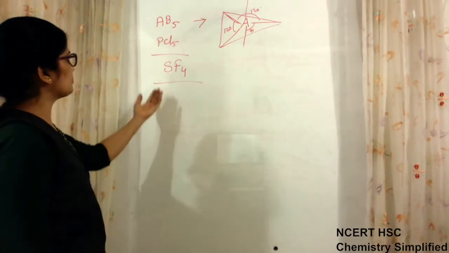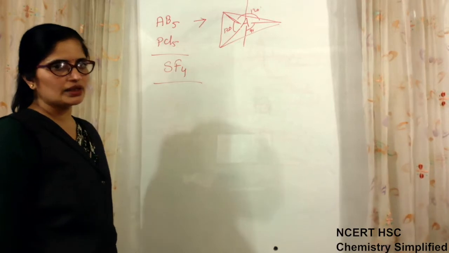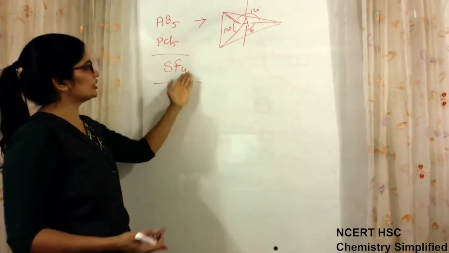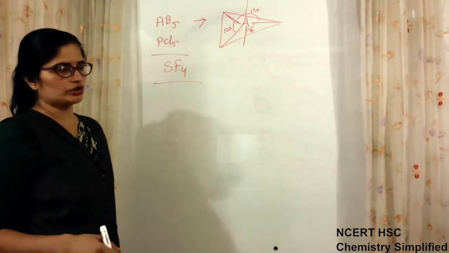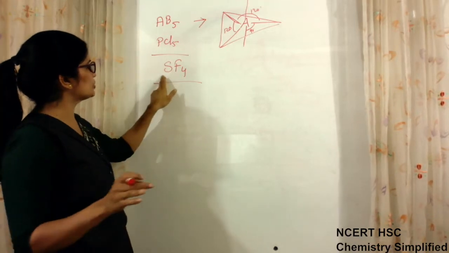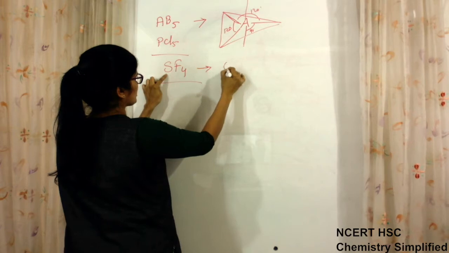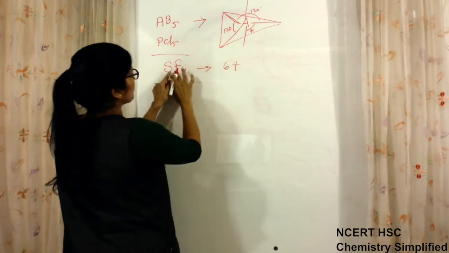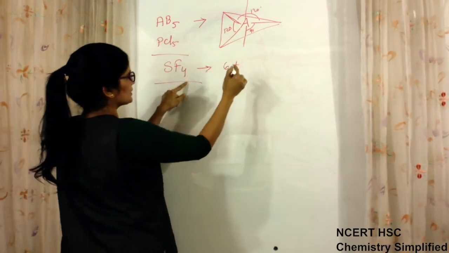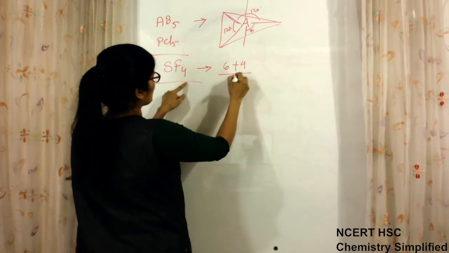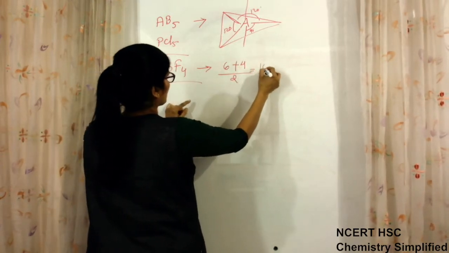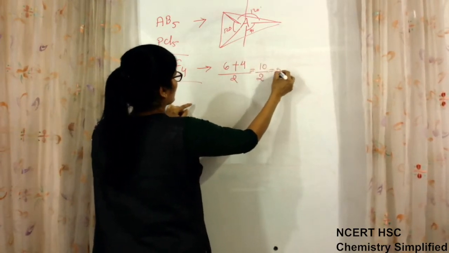How to find out? Suppose SF4 is given in exam, maybe you just by seeing it you will think AB4 type of molecule. No, but first thing what you need to do is see the valence electrons. Sulfur valence electrons are 6 plus bonded side atoms by single bond 4, divided by 2, that is 10 by 2 is equal to 5.